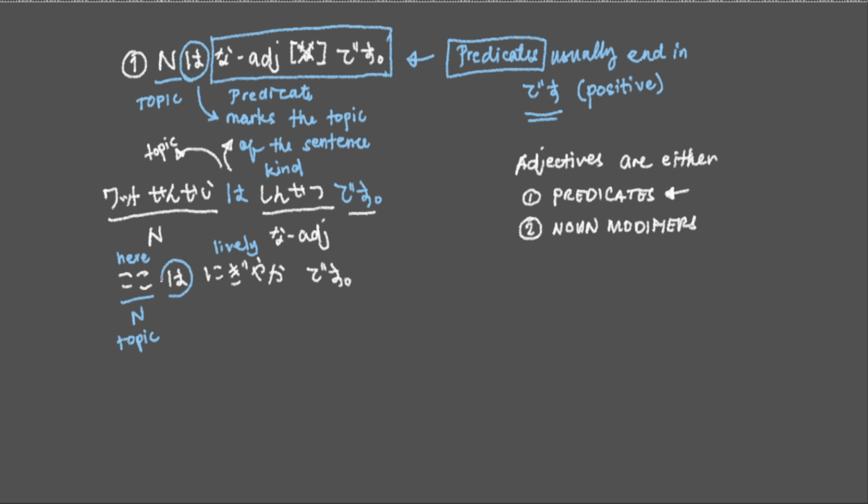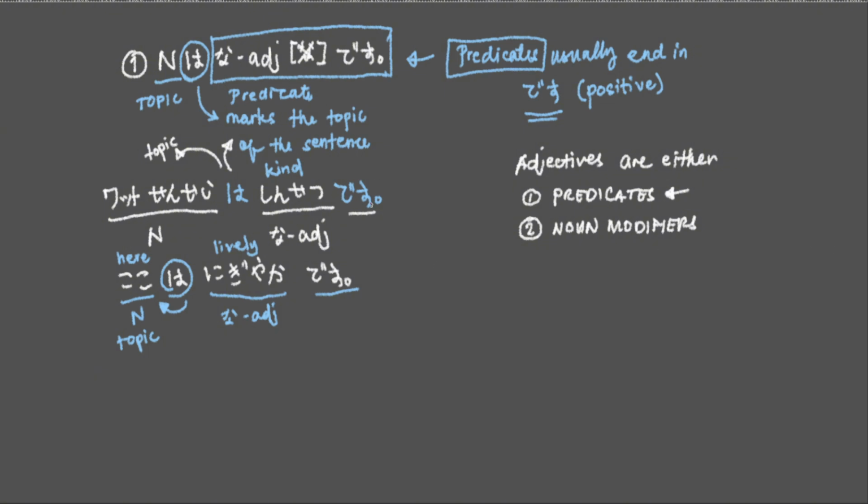Wa here marks this as the topic of the sentence. Nigiyaka is the na adjective without the na. Nigiyaka means lively. It is a na adjective, but in this case, since desu follows the adjective, we don't use na.